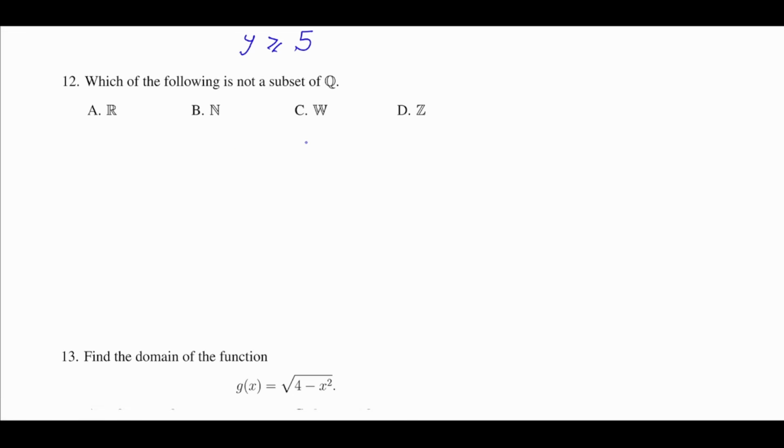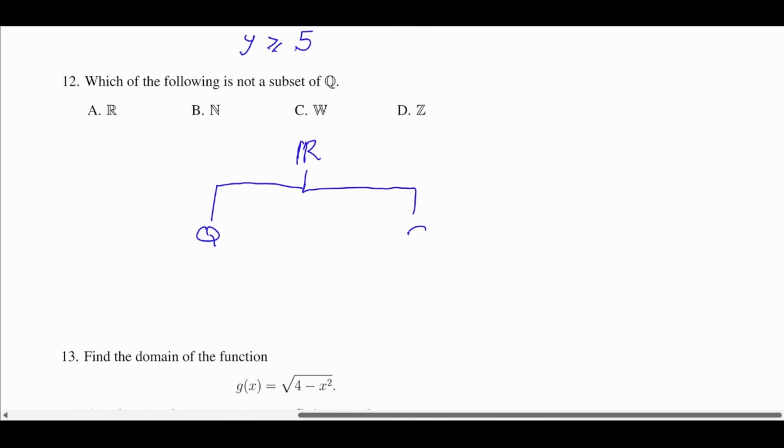Now, if you look at the diagram of the set of real numbers, we have real numbers sitting at the top. And then we have branches. It branches into two. We have rational, which is Q, and then irrational, which is Q prime.